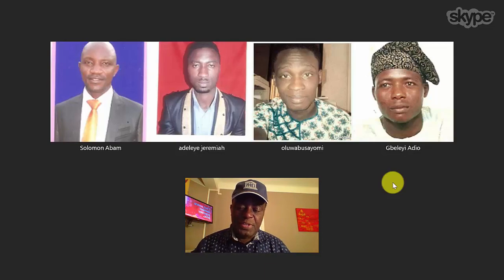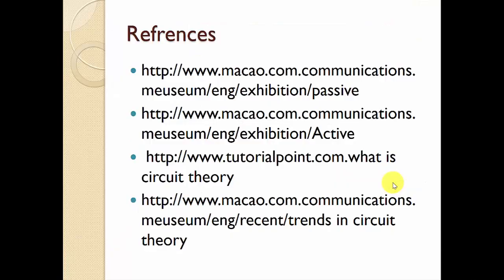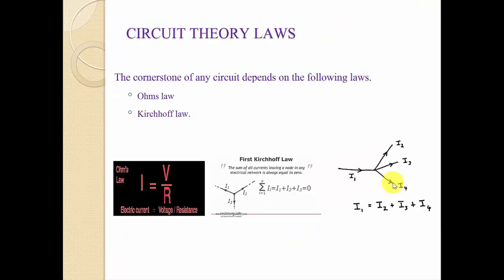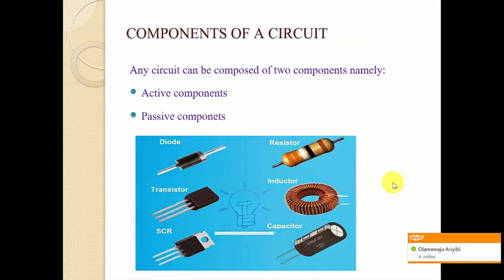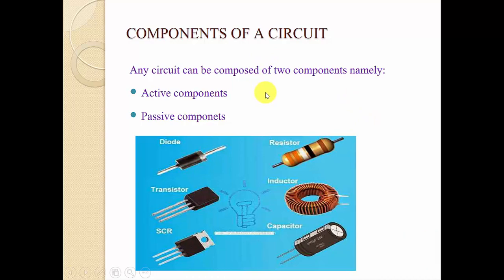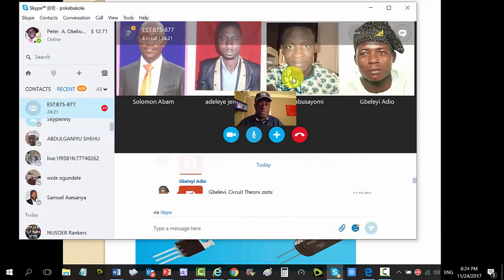He saw those elements in the diagram. He was asking that I should point out which of them are active and which are passive components. Sorry, is that your question? Yes, sir. But weren't you listening? That was what he said when he was making the presentation. Anyway, go on, Busayo.